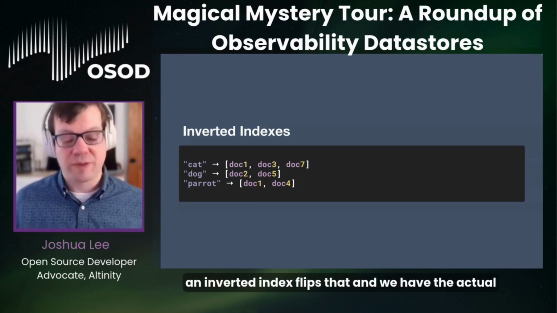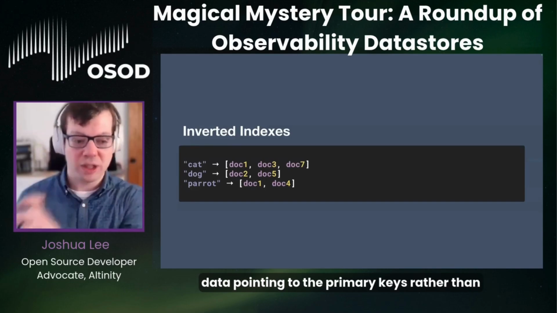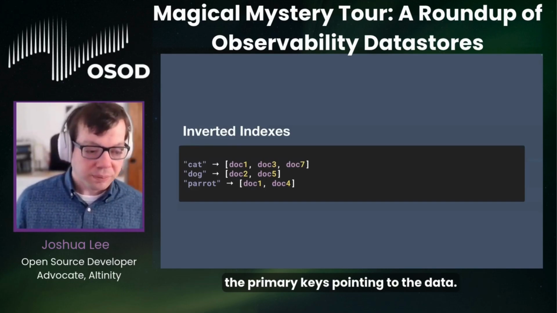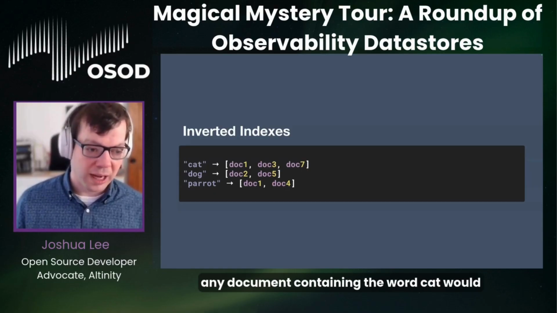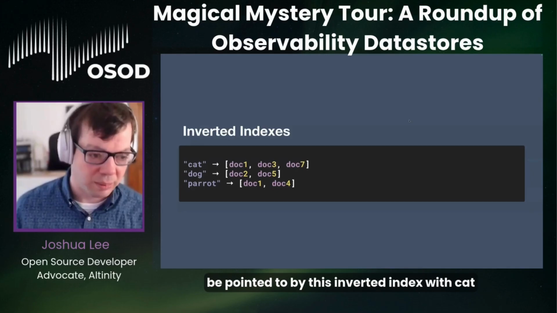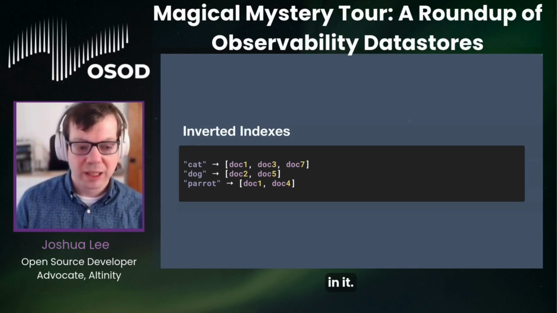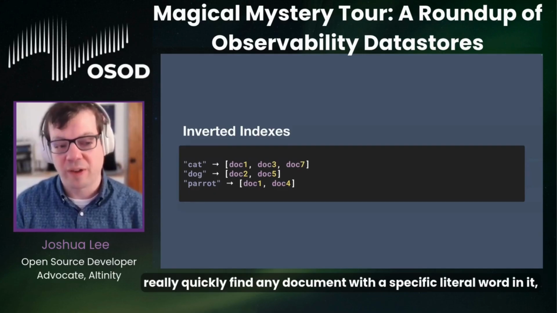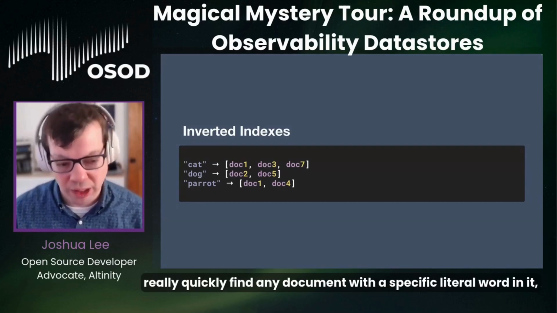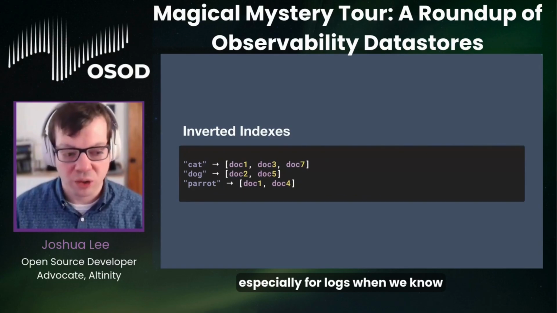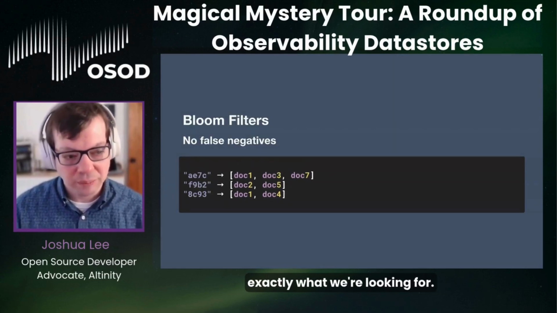An inverted index flips that, and we have the actual data pointing to the primary keys rather than the primary keys pointing to the data. Here, for example, any document containing the word cat would be pointed to by this inverted index. If we're thinking about literal search, this allows us to very quickly find any document with a specific literal word in it, which is great, especially for logs when we know exactly what we're looking for.